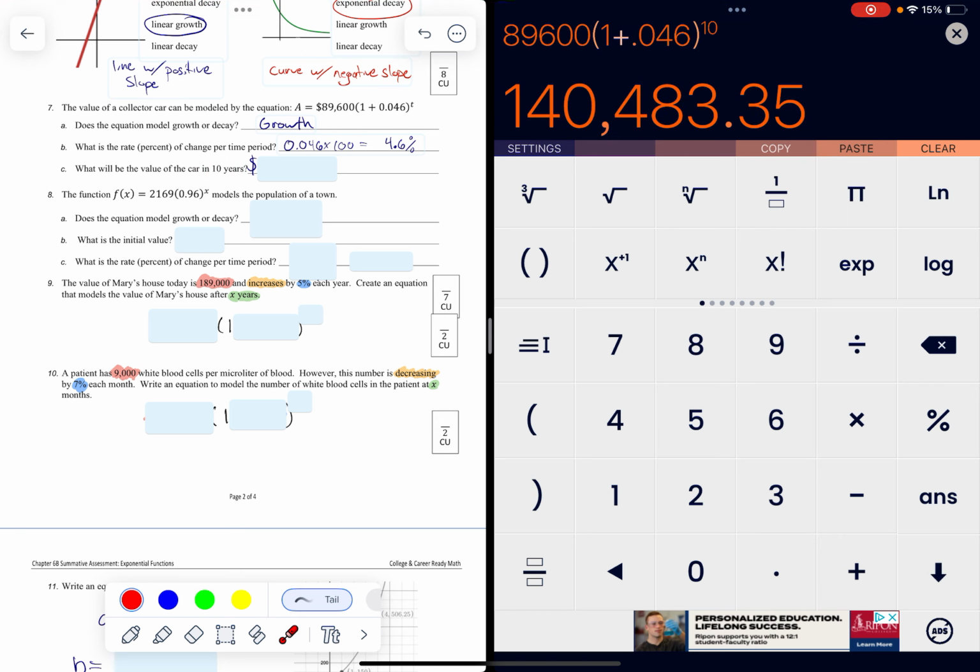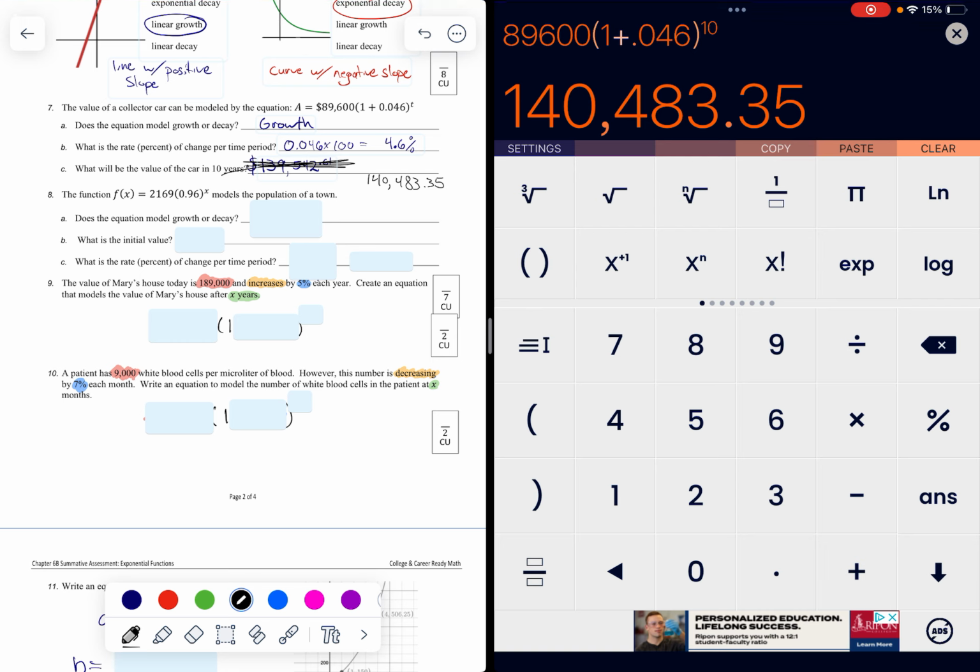So if we do that, we get about 140,000, which is not quite what I had there. Sugar. Well, I'm going to go with the calculator one here. 140,483.35.